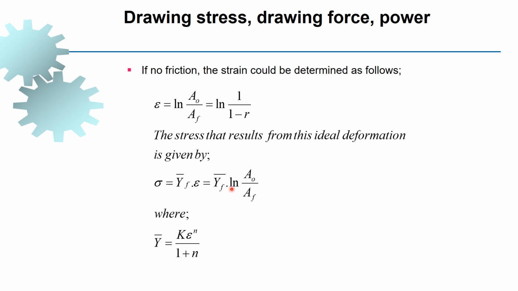Flow stress is YF times log A0 over AF. Flow stress can be calculated as K epsilon raised to n over 1 plus n. K is the strength coefficient, epsilon is the strain, n is the strain hardening coefficient. Using this we get the flow stress and then substitute it here to find the resultant stress acting.